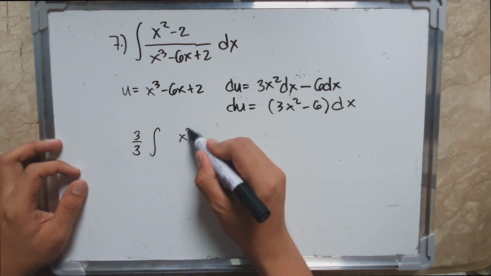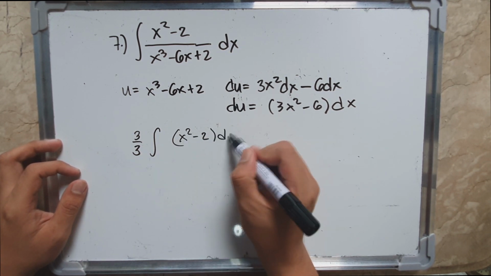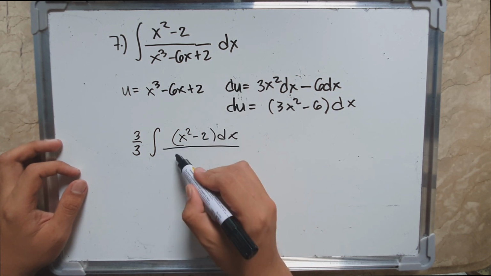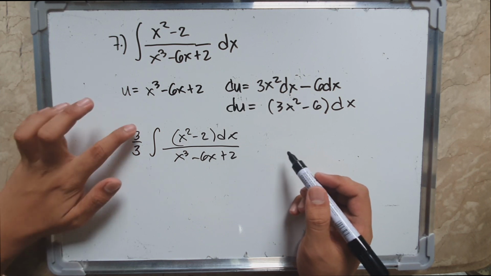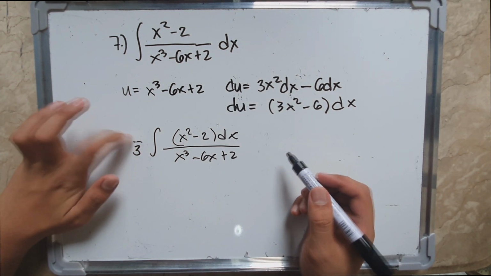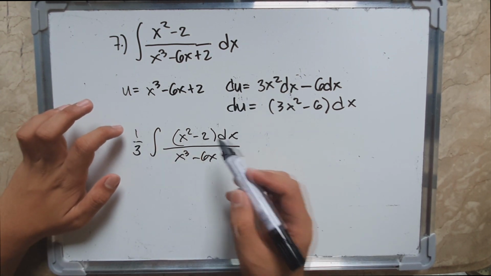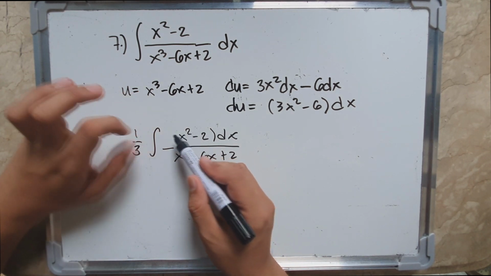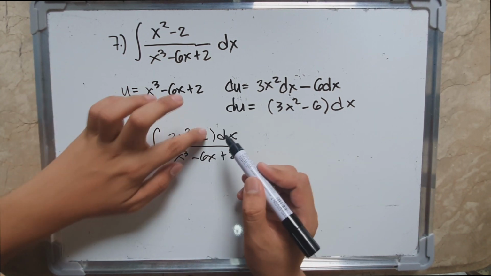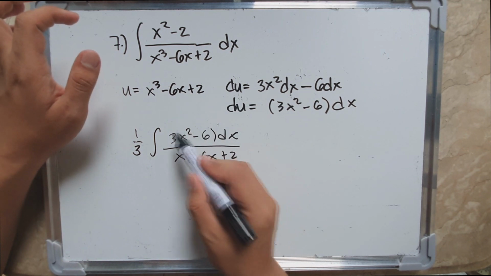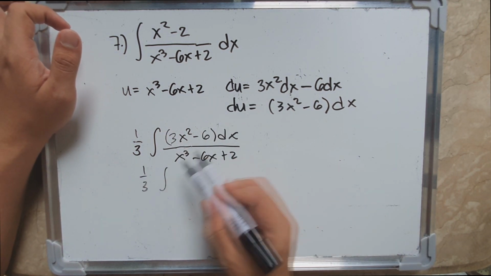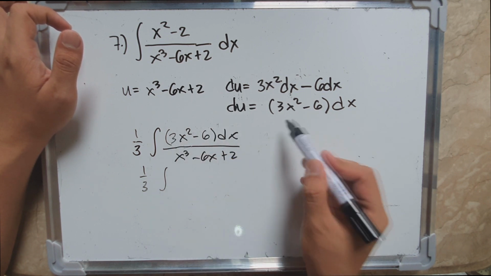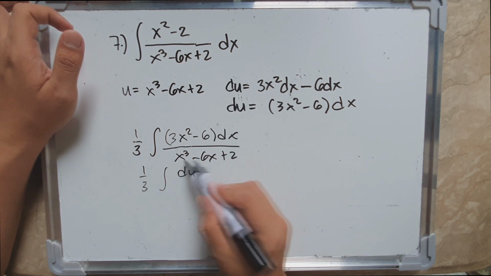So we now have x squared minus 2 dx over x cubed minus 6x plus 2. We'll be using the numerator 3, so this will now become 3x squared, and this will now become 6. So now we have 1/3 integral of, this one is the du, and this one is the u.